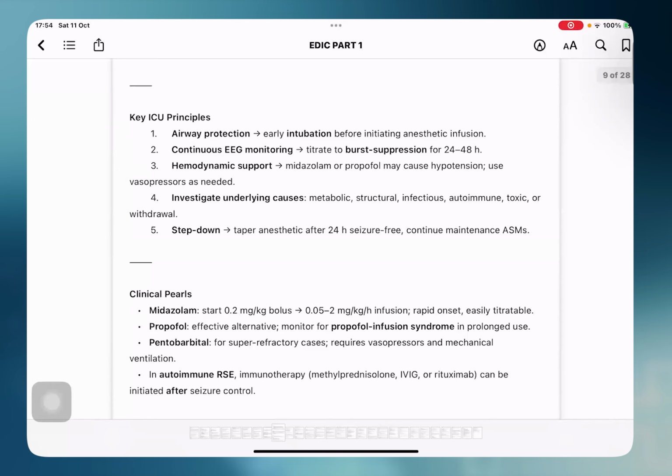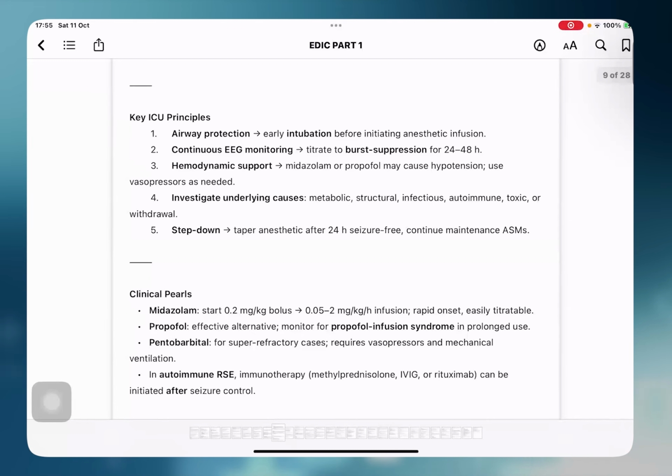Yes, you need to investigate the underlying cause, but that doesn't happen immediately. Metabolic, structural, infectious, autoimmune, toxic, or withdrawal kinds of seizures can be there. Then go for a step down. After 24 hours seizure free, how would you know that? You would know that only through continuous EEG monitoring. Once you have a 24-hour seizure free period, then you taper the anesthetic drug but continue the anti-seizure medications.